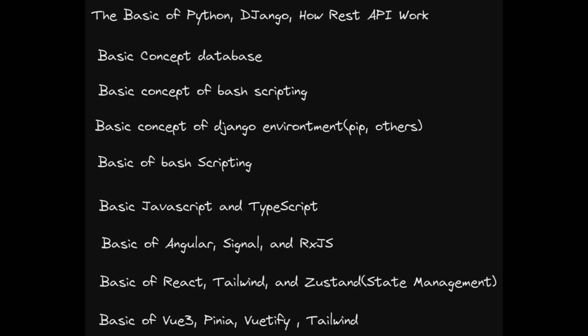TypeScript is just JavaScript with types. And the basics of Angular, Signal, and RxJS. And the basics of React, Tailwind, and Zustand. I don't use Context API and Redux. And the last one is the basics of Vue 3, Pinia, and Tailwind. Yeah, mostly standard for this one.